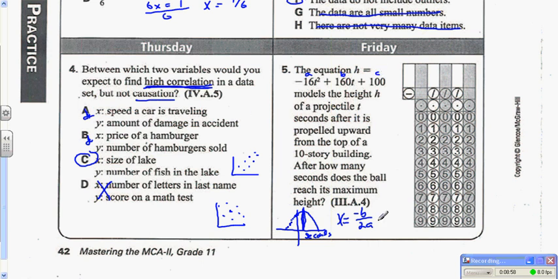So if we were going to plug that into this formula, we would take the opposite of b, which is negative 160, and divide by 2 times negative 16, which is a. That would give us 80 over 16, and that is equal to 5. So we would put 5 on our grid, and that is our solution.